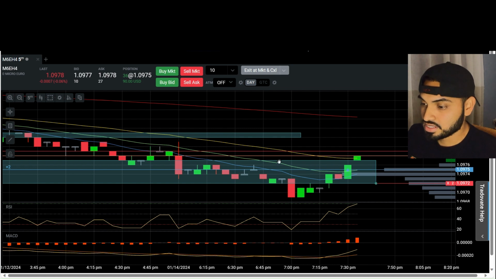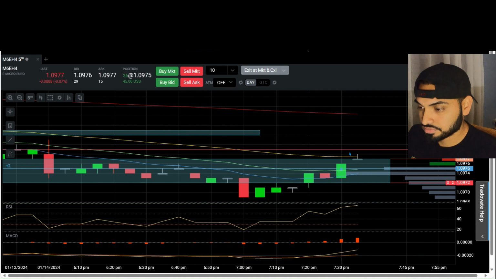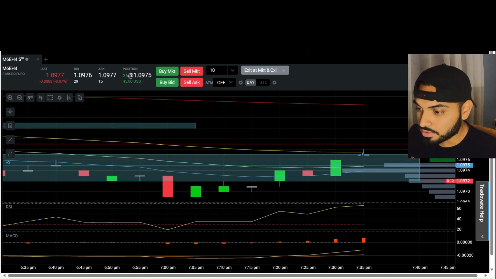So you can see, look how slow after hours move. It moves very, very slow. Look how there is sensitivity to the 48 EMA. Price action candle hit the 48 EMA, which is the yellow line, and you can see some rejection towards it.